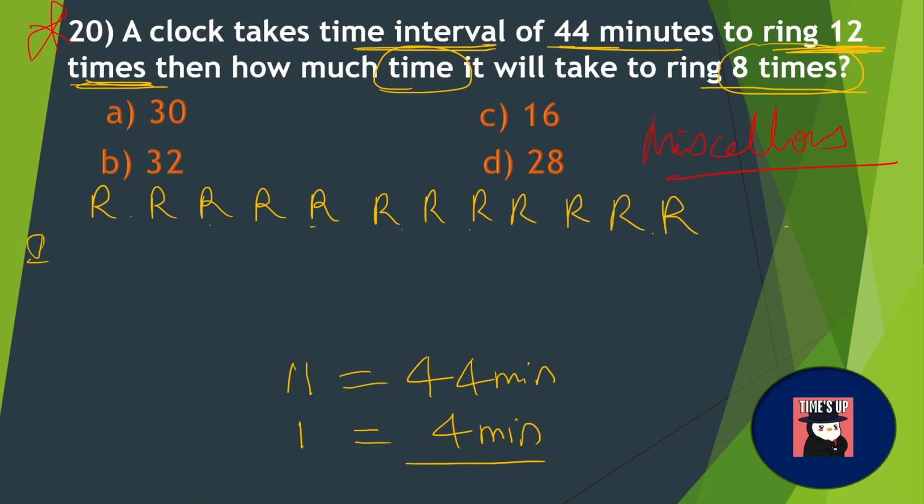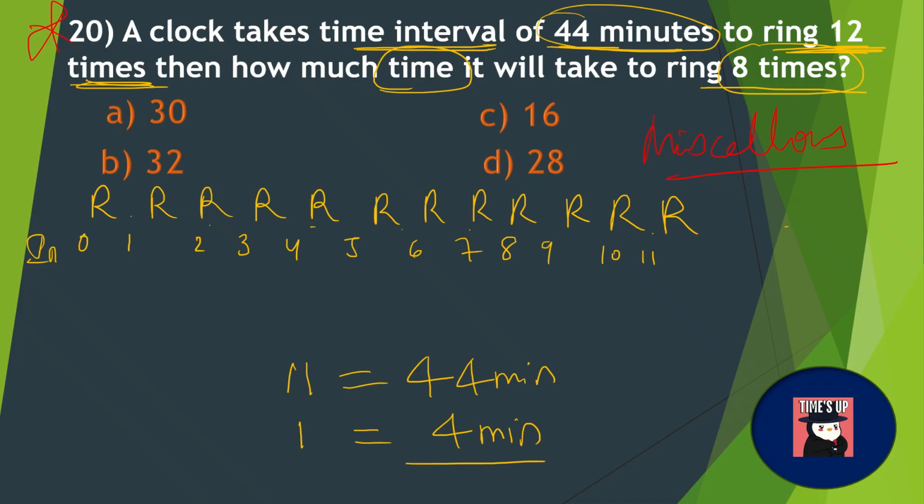So the intervals here will be 0, 1, 2, 3, 4, 5, 6, 7, 8, 9, 10, 11. 11 intervals are there. So 11 intervals equal to 44 minutes, then one interval will be 4 minutes.